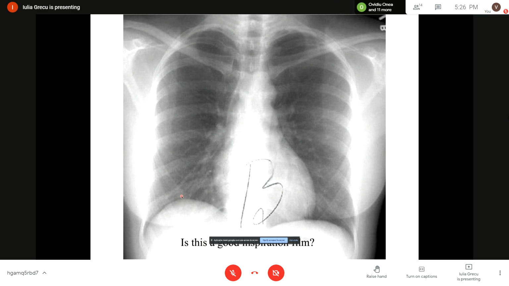So I have to see on the frontal chest X-ray 6 anterior ribs, or we can also see 9 posterior arches of the rib. So this is the first one. 1, 2, 3, 4, 5, 6, 7, 8, and 9.